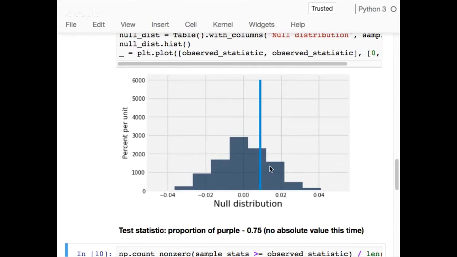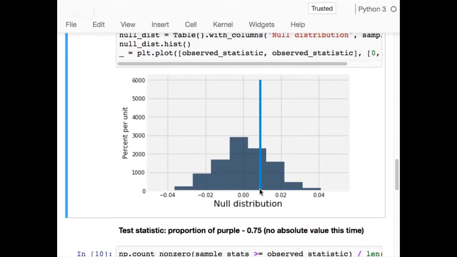When I remove the absolute value and then look at this distribution, what I'm asking is a different question. I'm asking how likely am I to get, let's say, 76% purple or more than 76%. I'm no longer asking the question of this or farther away from 75%.